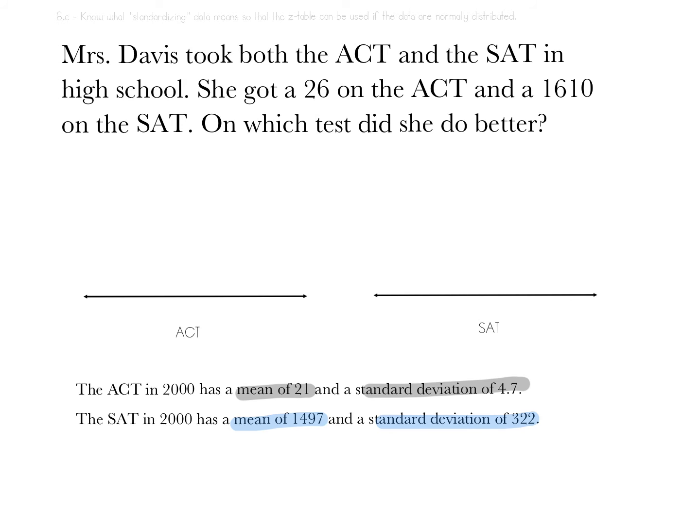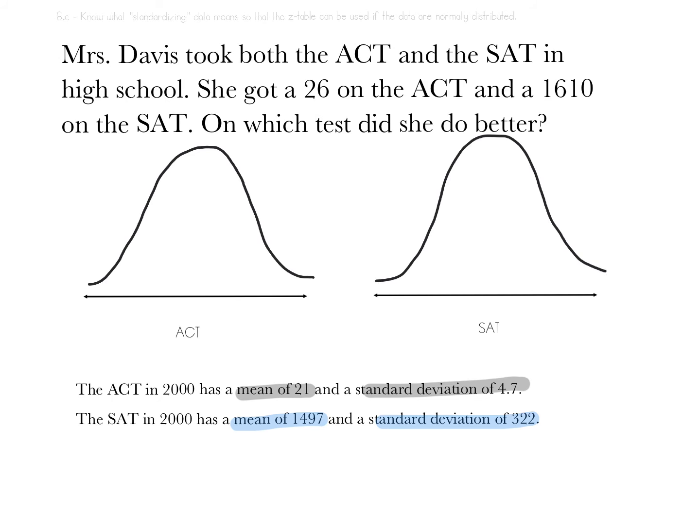And that will tell me which test I did better on. So if we think about it on a bell curve, because we're dealing with normal distributions, I know that the mean on this one was a 21, and the mean on the SAT was a 1497.